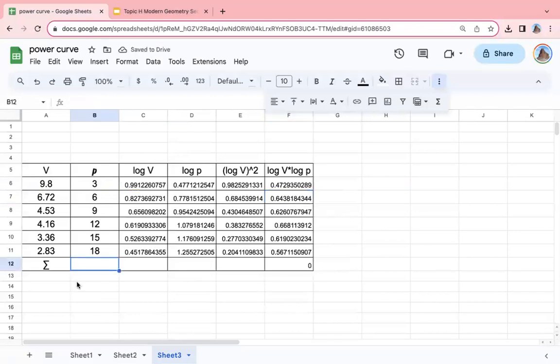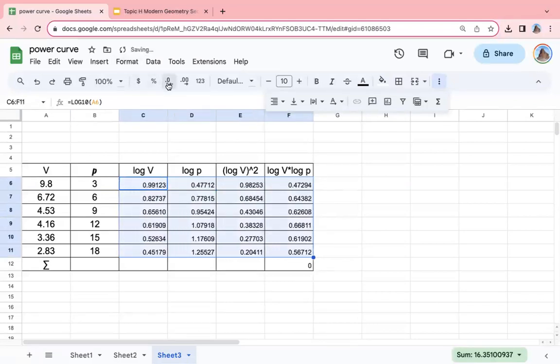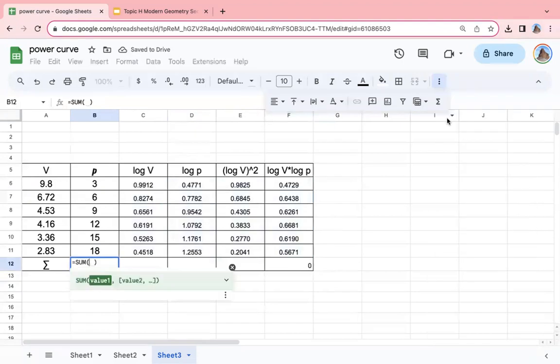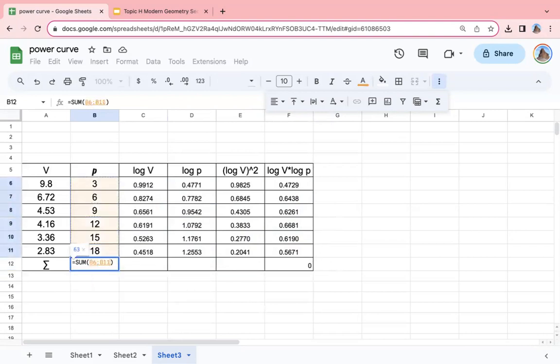Now let me arrange this so that it only displays 4 decimal places, and you can make other arrangements. At the bottom part, I would like to know the total values of my log of V and my log of P. Just highlight everything. The power of technology.